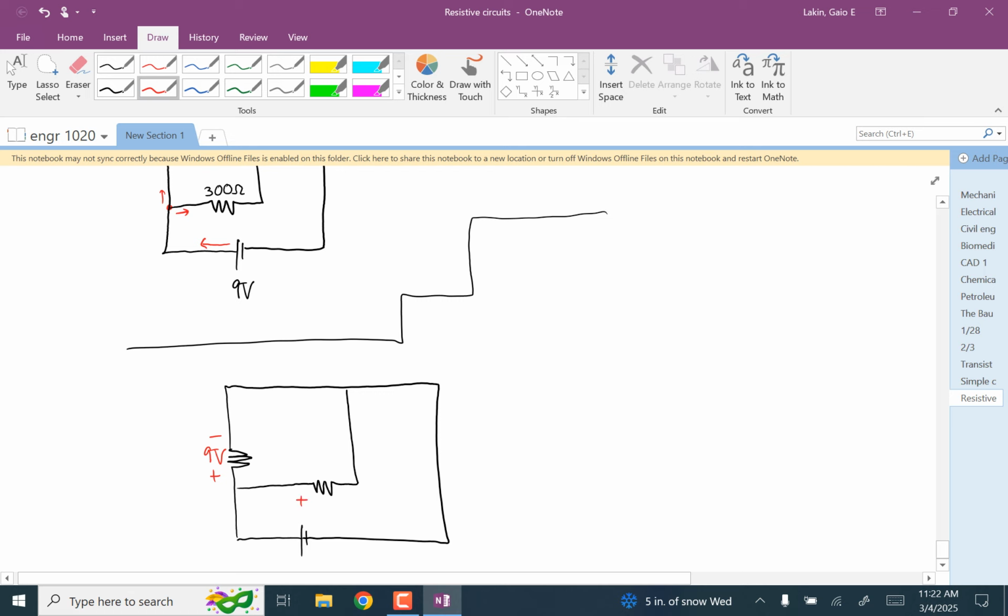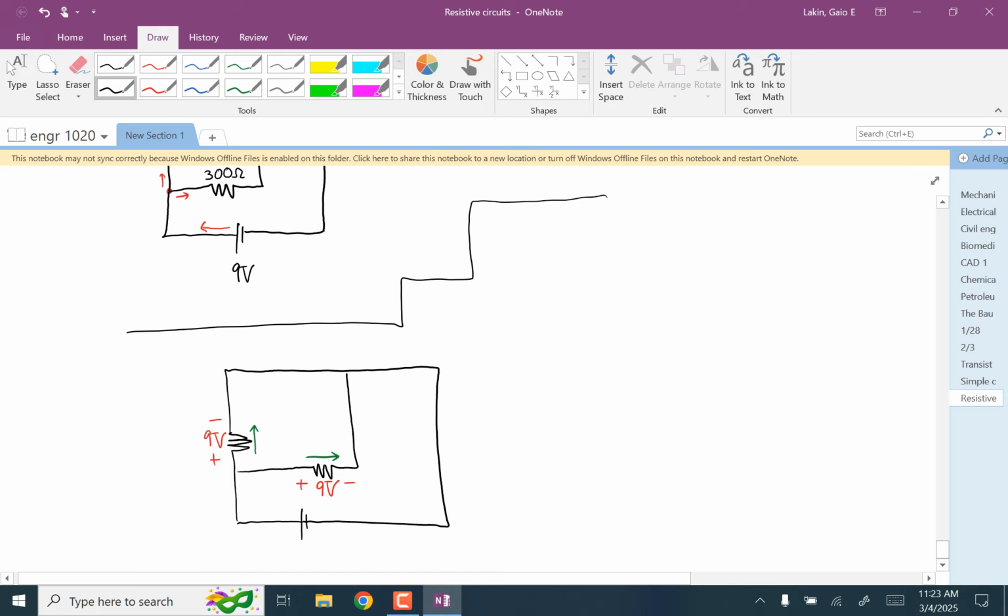And this one is going to be 9 volts with this polarity just by the direction of the voltage drops. Anyone have any questions about how I understood that? And now we can go and calculate the current. Well, we know the currents are going to go this way and this way. We just have to figure out the magnitudes of the currents.